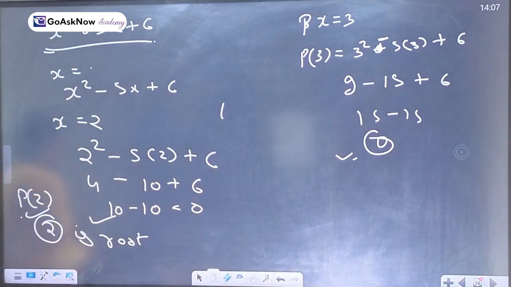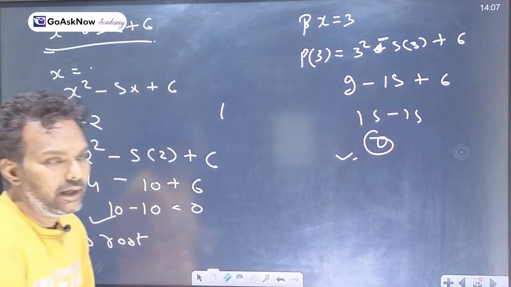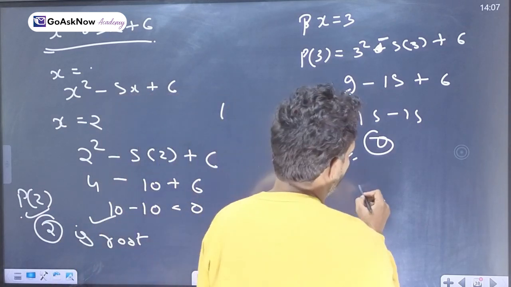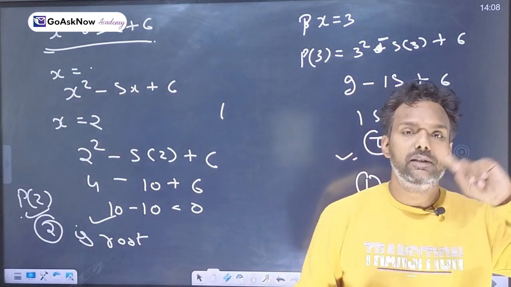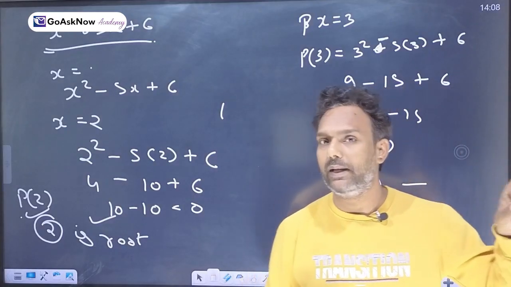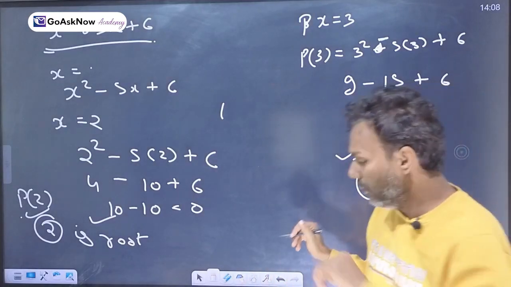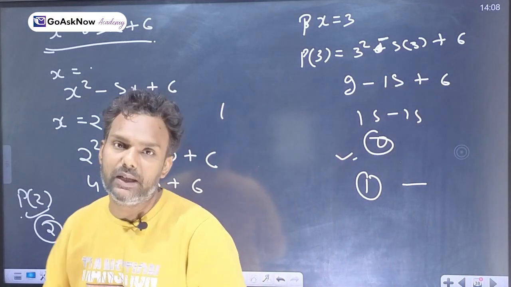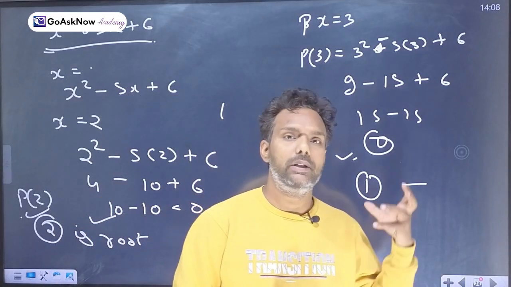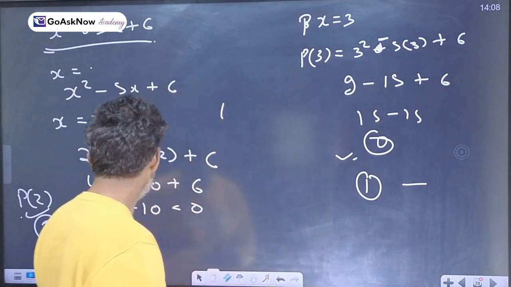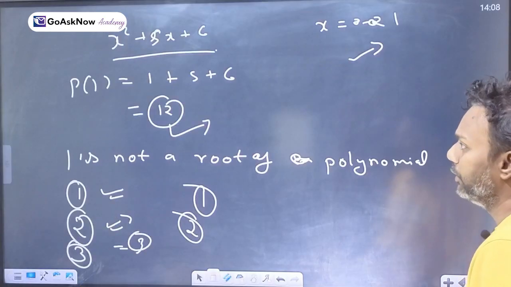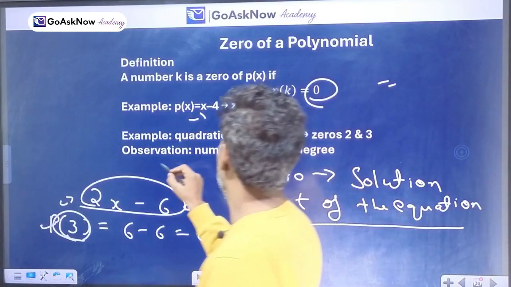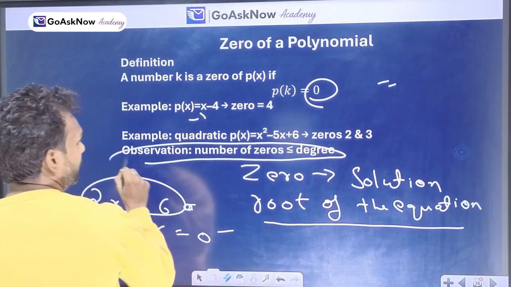So what we see here is when the degree is 1, the number of zeros can be 1. If the degree is 2, the maximum number of zeros we can find is 2. If the degree is 3, then the maximum number of zeros we can find is 3. We are going to study this in quadratic equations. Observation: number of zeros is less than or equal to the degree.